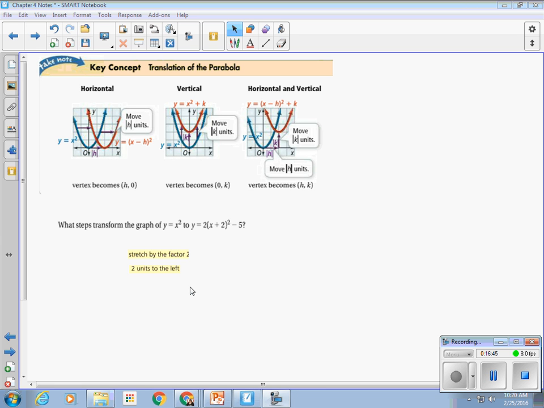What does that do to the parent? It pops it down 5. So without even graphing anything, just by looking at the equation, we can know what our translations are.